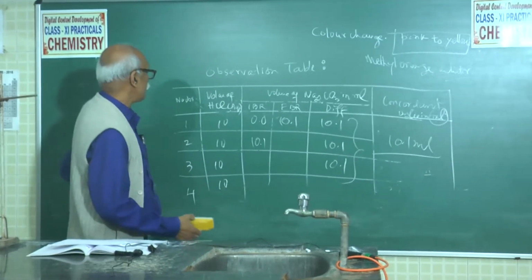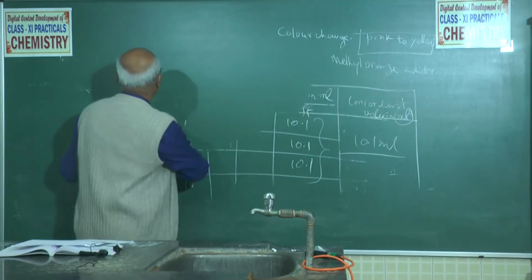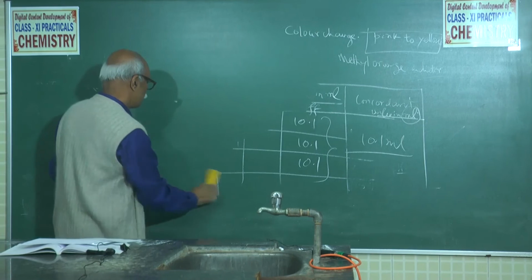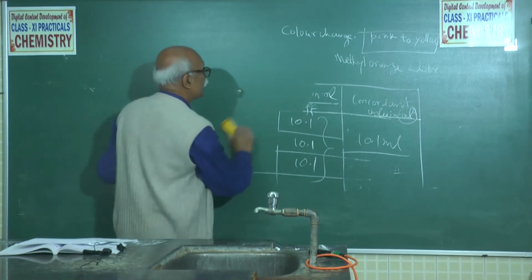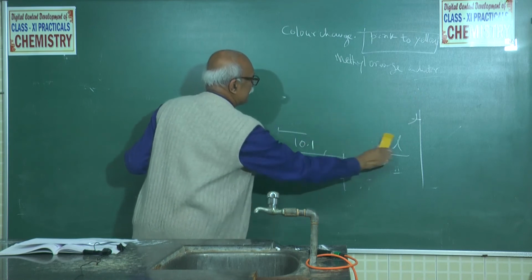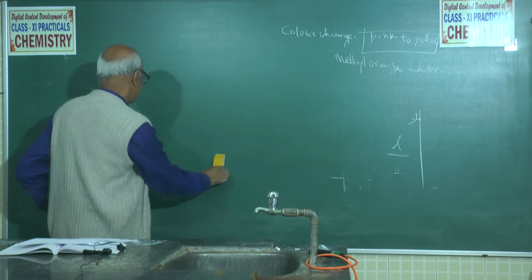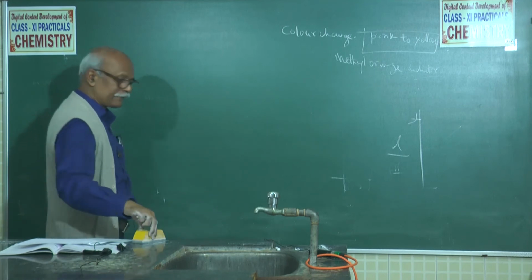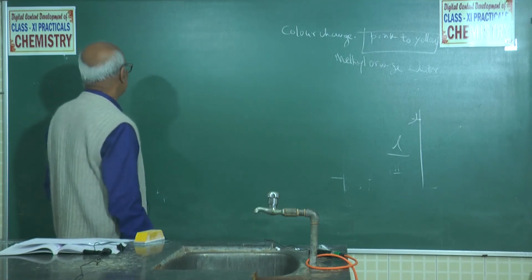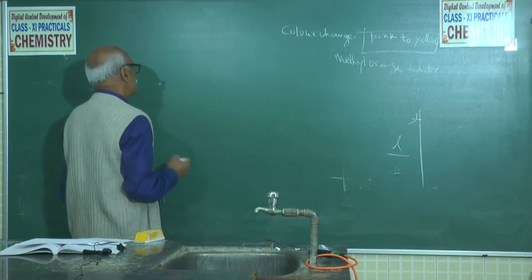Now, the normality of hydrochloric acid will be in the form of a decinormal solution. Already we have prepared roughly N/10 solution of hydrochloric acid. So what is the exact normality of hydrochloric acid from this? We have prepared N/10 sodium carbonate.